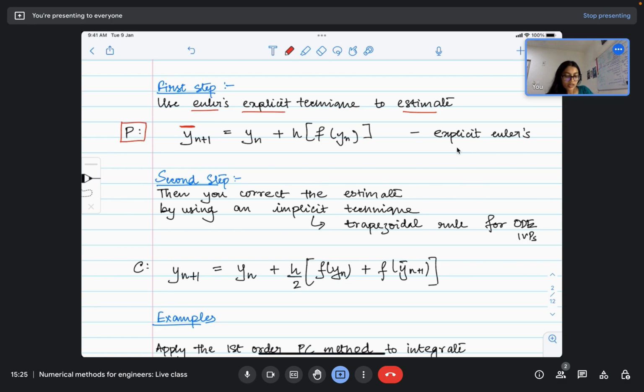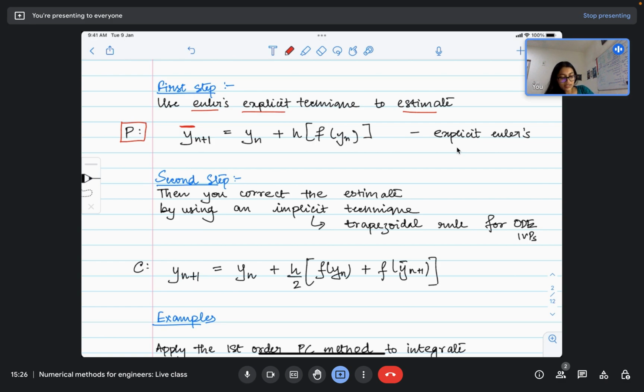Okay, because this is using the explicit technique, right? And initially we stated that the explicit technique sometimes diverges from the true solution, or it is not as accurate as the implicit techniques. Okay, so first we make a prediction with the help of Euler's explicit method, and we use this formula: yn plus 1 is equal to yn plus h times f of yn.